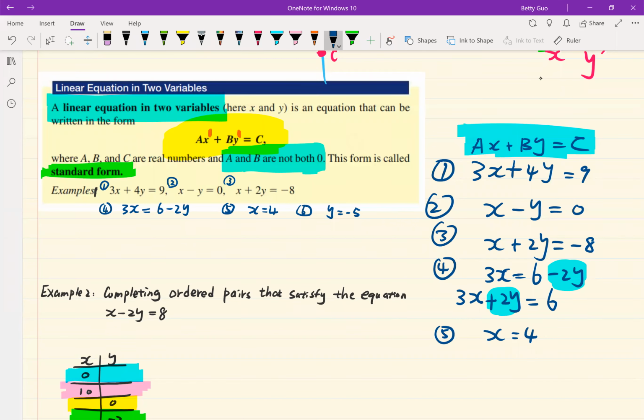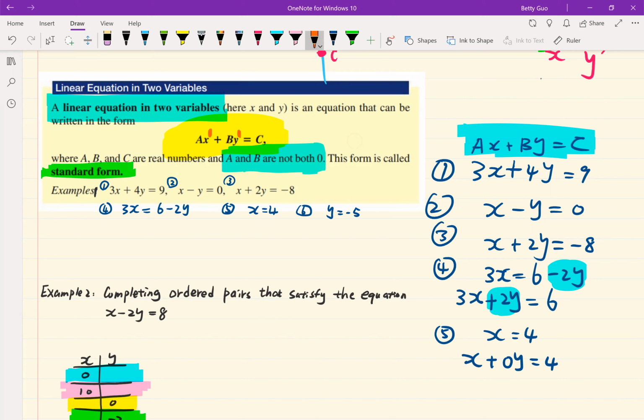Y is not there, right? However, this equation is also a linear equation in two variables because the equation could be written in the form ax plus by equals c. Let me show you. We have x plus 0 times y equals 4.